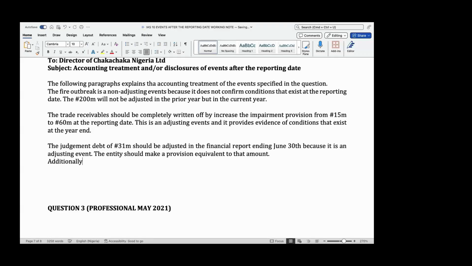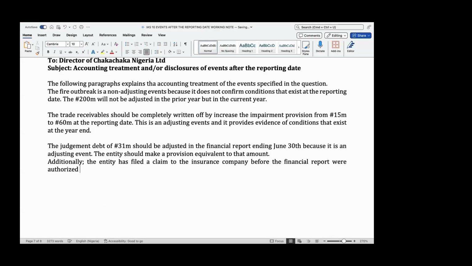Additionally, the entity has filed a claim to the insurance company before the financial reports were authorized for issue.